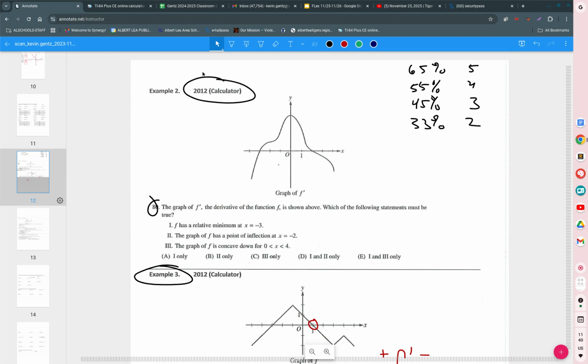So why is that? Oh, I thought C was 3. What question did you say to do? The one right above it. Is it supposed to end at 4, or is it supposed to be an arrow that keeps going? It ends. Gotcha. Relative is the same as local. Local is the same as relative.